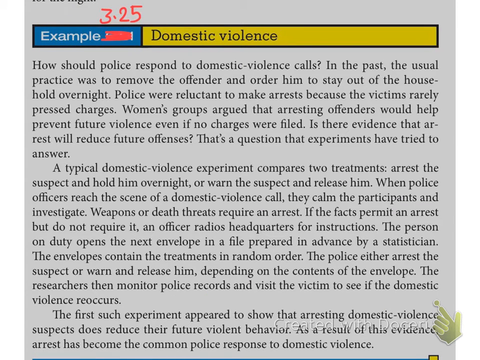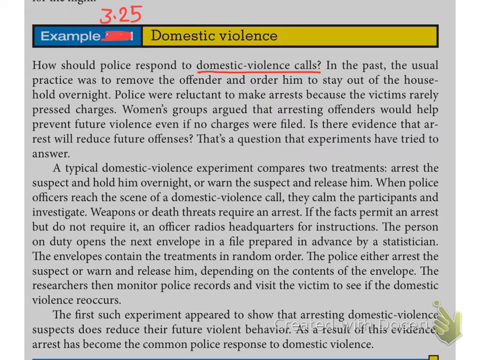The researchers were trying to find out the best way for police to respond to domestic violence calls, meaning what they should do when they get such a call. Usually the practice was that they removed the offender, and calmed down the other people living in the home who were the victims.